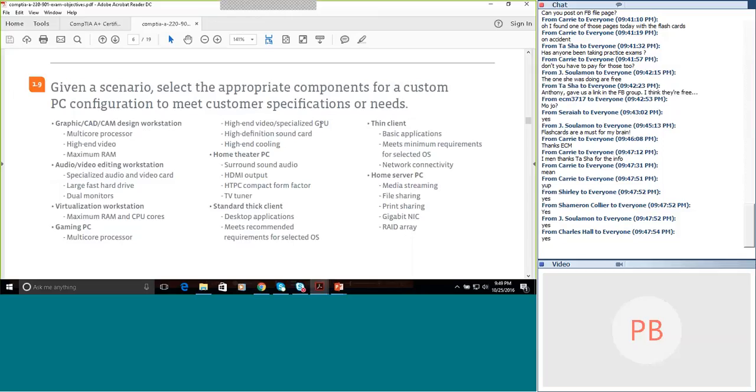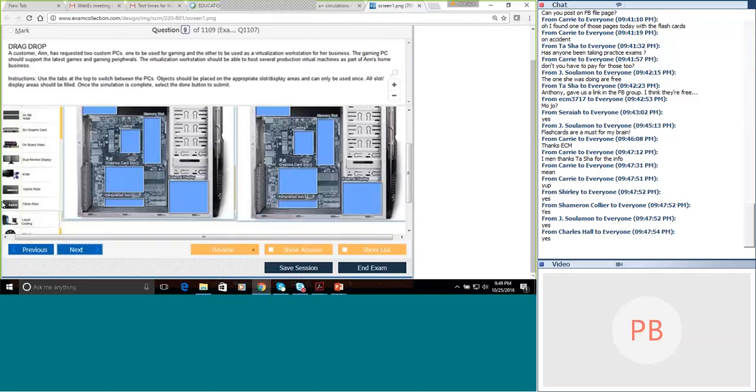So this tells you the difference between a virtualization station and a gaming station. A gaming PC needs more compared to what you need for the RAM for the virtualization station. So for this scenario, you need more power for a gaming station than you would for a virtualization station.